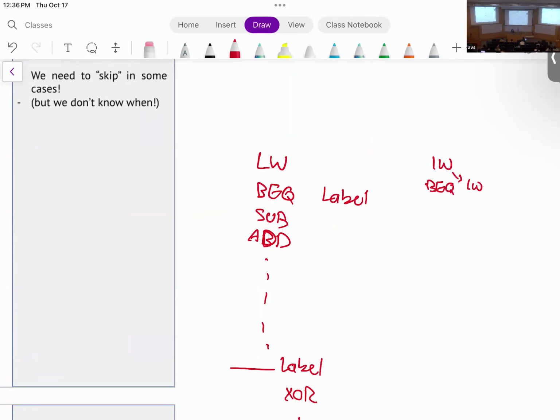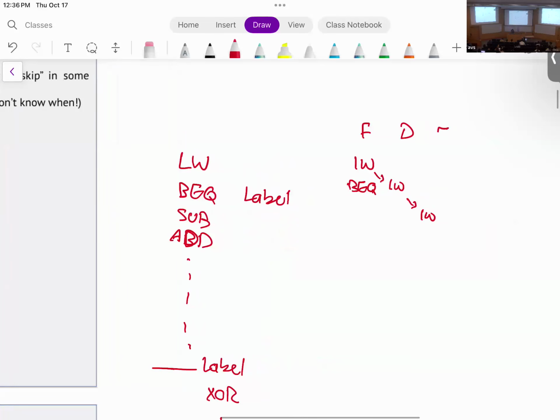That's also okay. Then in the next cycle, load word goes to the execution. So this is my fetch, decode, execution, memory, and write back. At this cycle, the load goes here, and now branch goes to the decode stage.